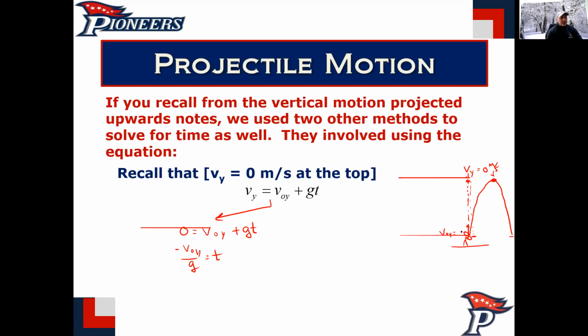But if you remember when we did this, this was the version of solving for time where it only gives you the time for it to go up, right? And so we had to double it to get the total time. We had to take 2 times this value to get the total.